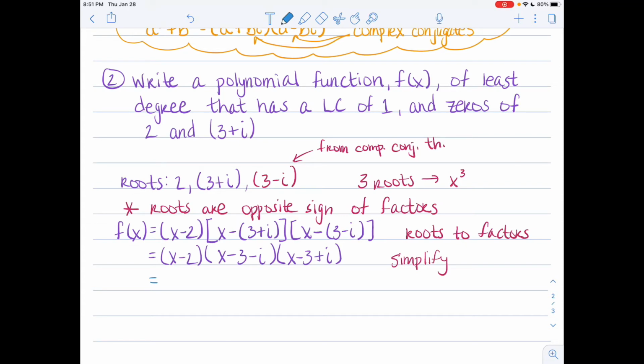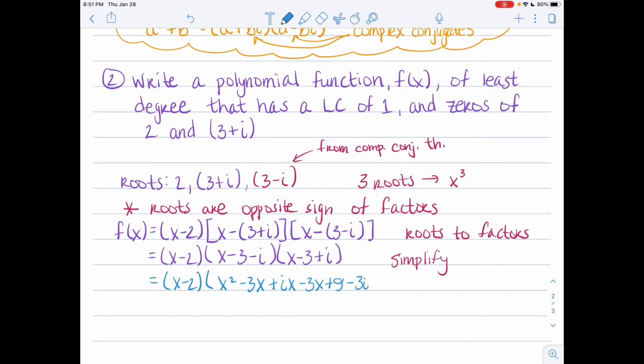So I'm going to just bring down the x minus 2 for now, and then I want to multiply x times every single one of these terms. So I'm going to have x squared minus 3x plus ix. And then when I move to the negative 3, I'll have minus 3x plus 9 and minus 3i.